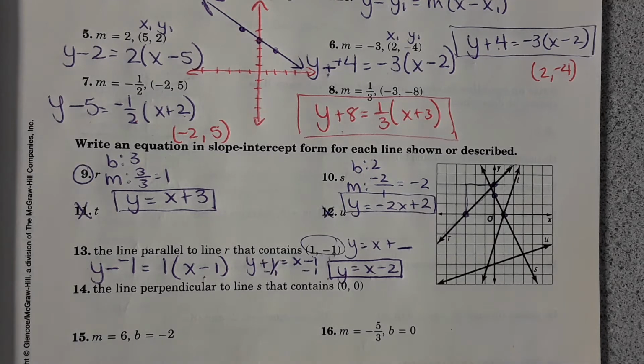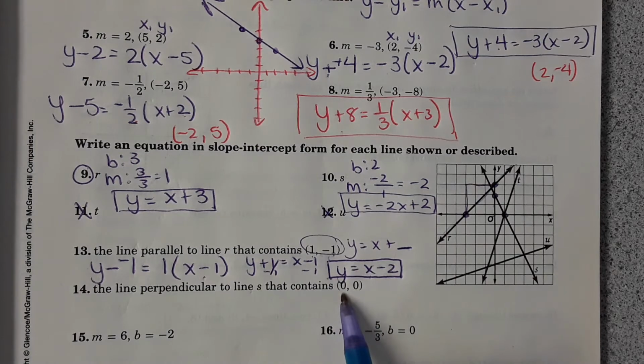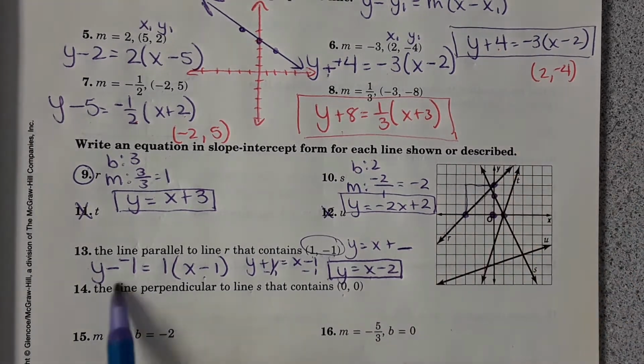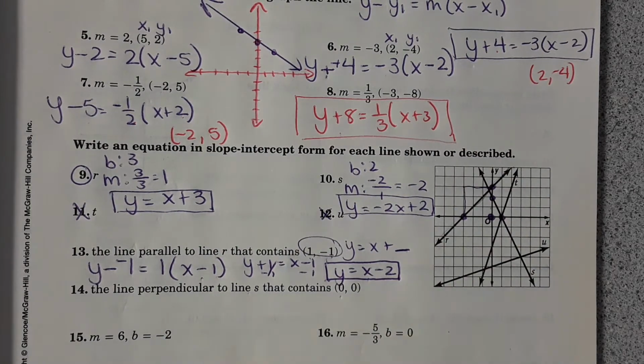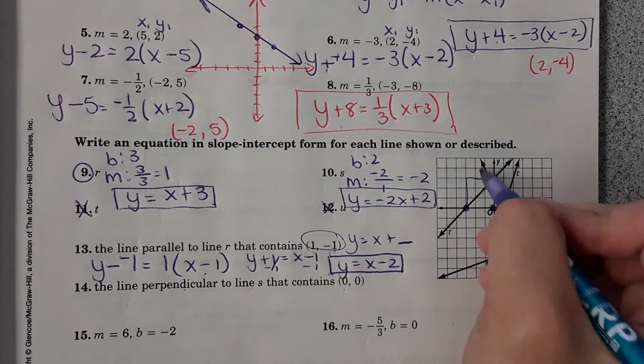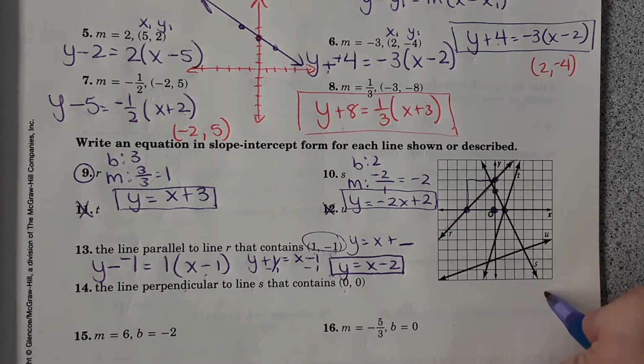Okay. The next one, a line perpendicular to line S that contains the point (0, 0). In this case, (0, 0) is actually the y-intercept, so I don't need to go through the point-slope format. The slope for a line perpendicular to S would be the negative reciprocal.